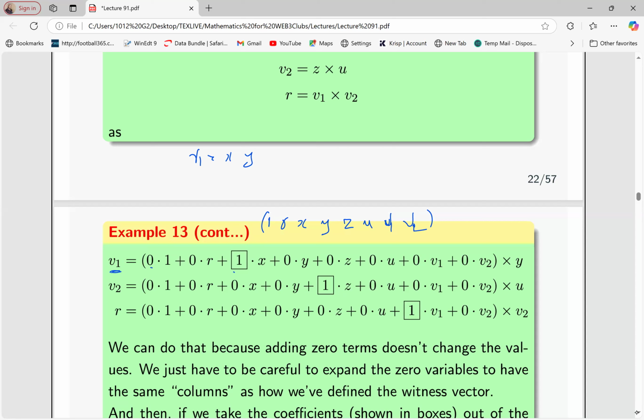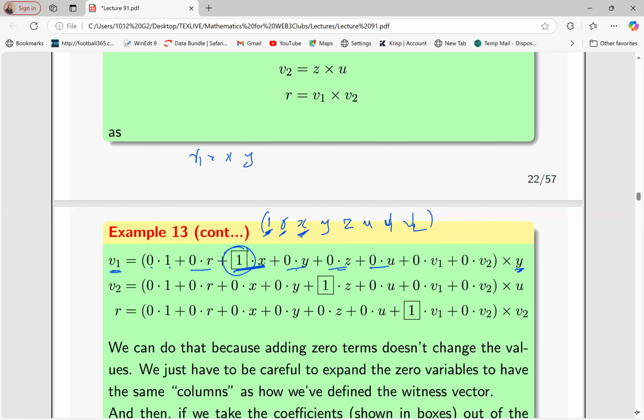It would be 0 times 1, 0 times R, plus 1 times X, because of this X, and then 0 times Y. Where there is X is where you put 1, and everything else is multiplied by 0.